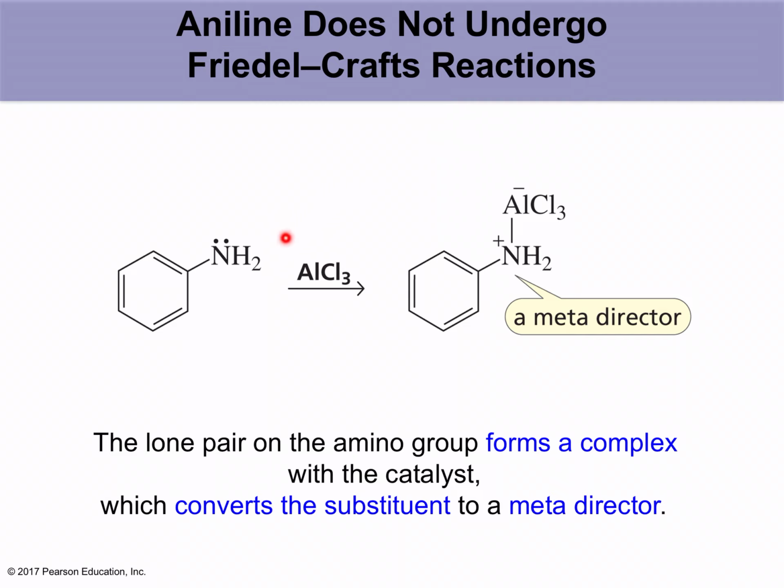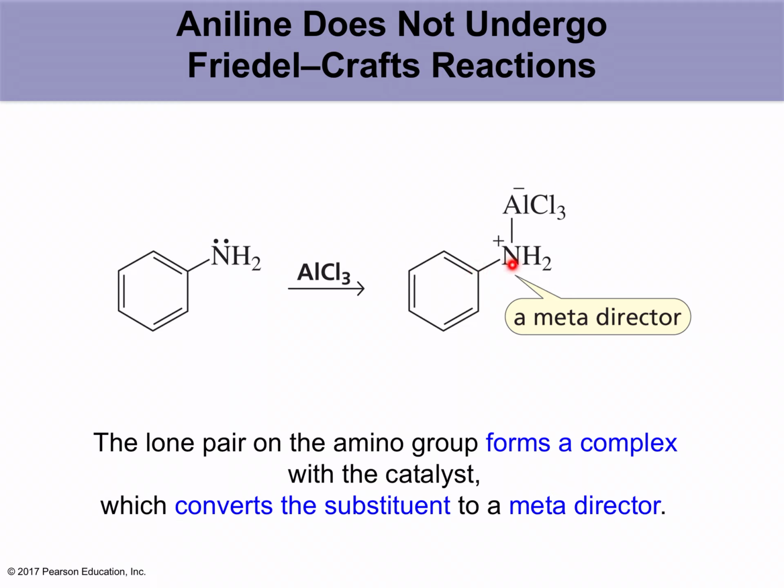Why is that? When we add aluminum chloride to aniline, this nitrogen lone pair is going to act as a Lewis base and give its electrons to the aluminum Lewis acid and forms this intermediate, a protonated nitrogen. Remember, now this becomes a meta director, since this would directly add a positive charge on this carbon that will destabilize the structure.